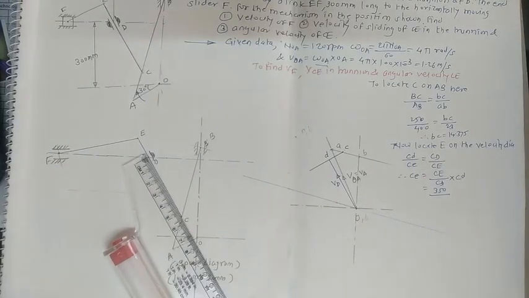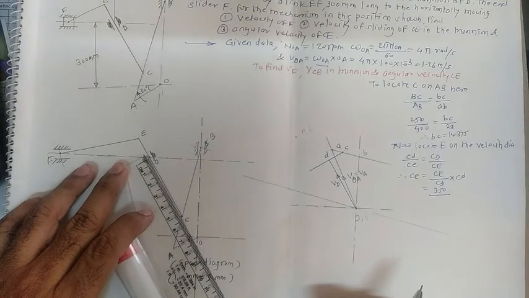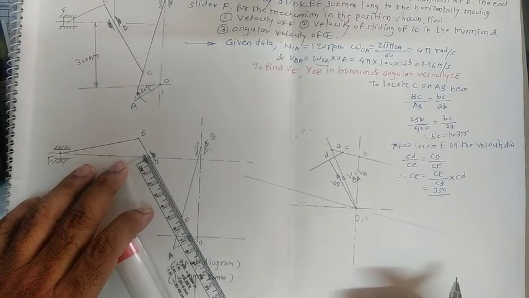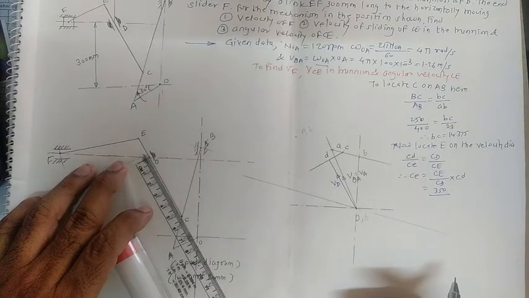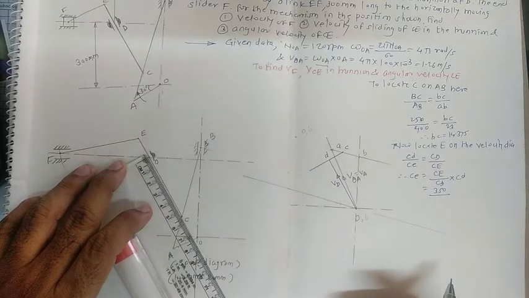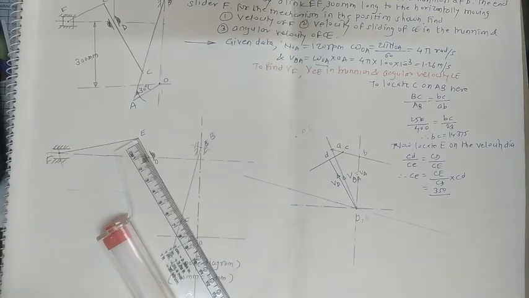70 minus 54 equals 16. So as per scale, this one is 54, and 54 plus 16 is 70. So 16 by 2 equals 8 mm.